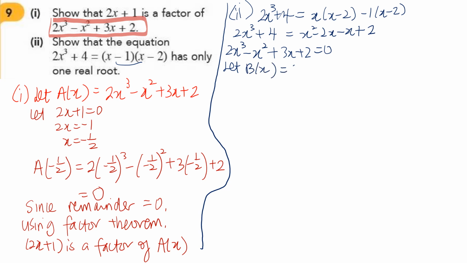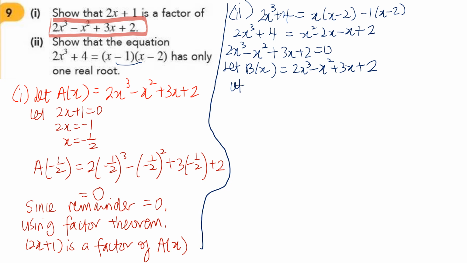Alright, b of x, 2x cubed. Do you remember how we go about doing it? Yes, use your calculator to help us find one solution and then convert it to a linear factor. The coefficient of x cubed is 2, so no problem. So use your calculator.